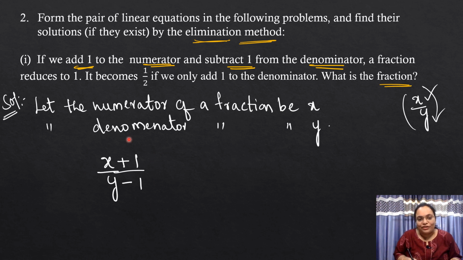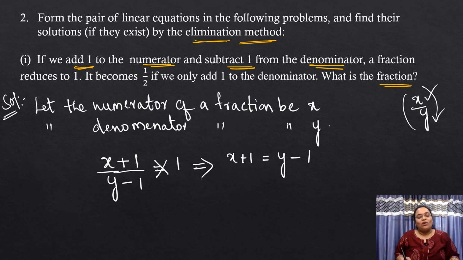Then the whole fraction reduces to 1, so this will be equal to 1. From here, do cross multiplication. So you will get x plus 1 is equal to y minus 1.